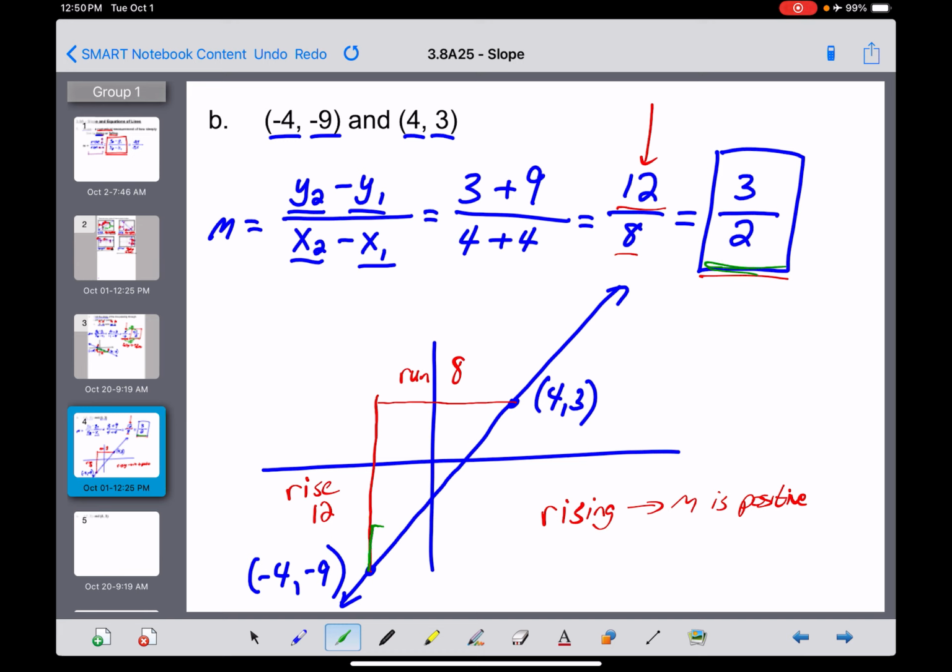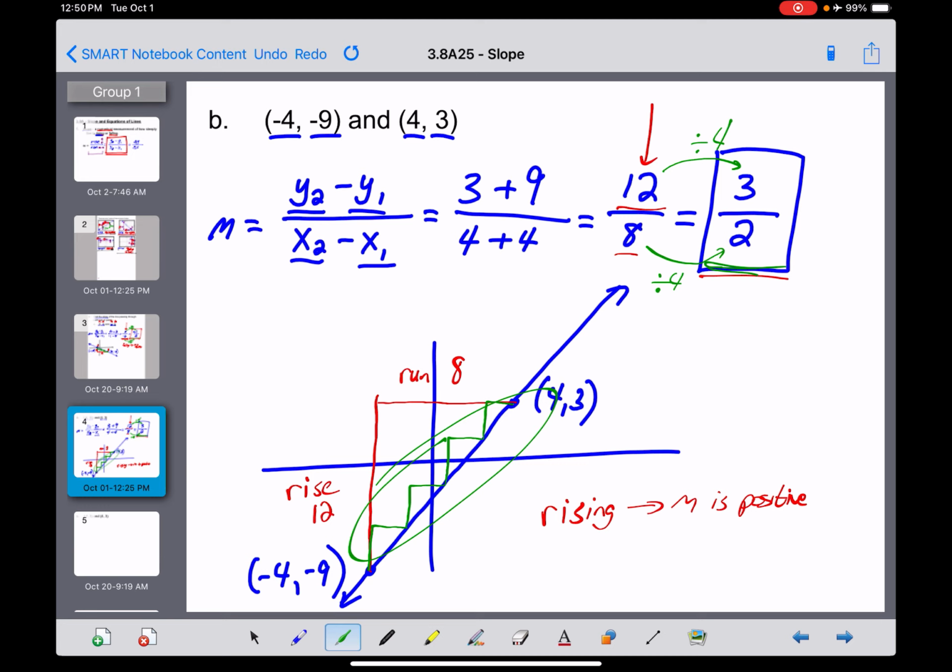Up 3, right 2. Up 3, right 2, up 3, right 2, up 3, right 2. What did we divide 12 by to get 3? 4. And the same thing with going from 8 to 2. So that's why there's going to be 4 baby steps along the way to get from -4, -9 to 4, 3.